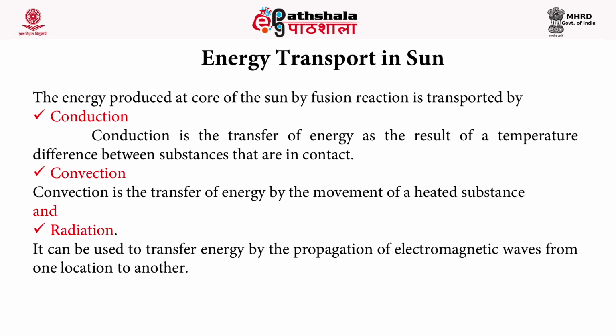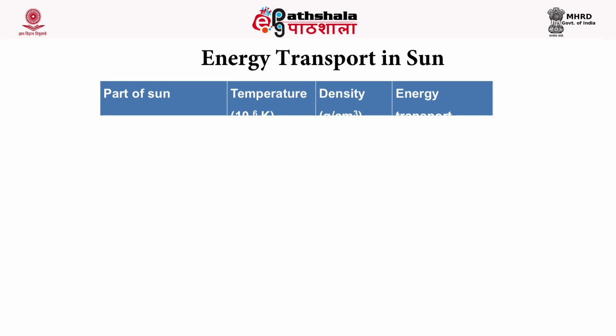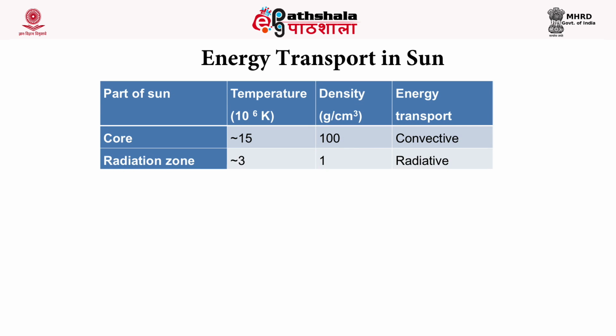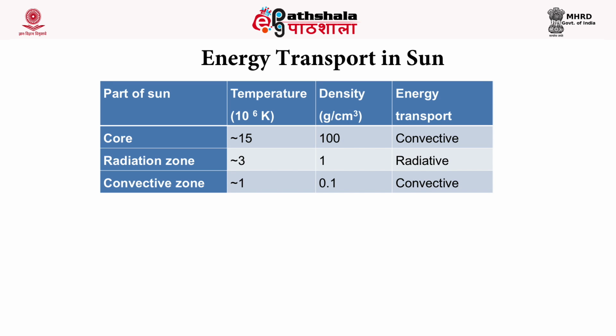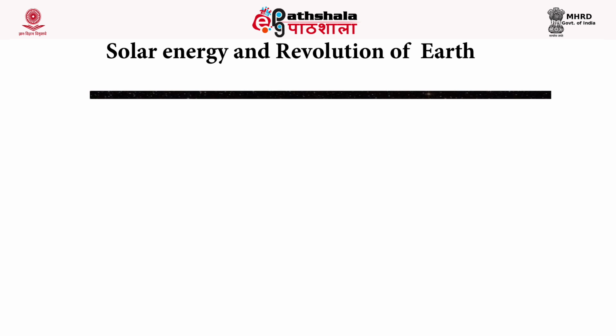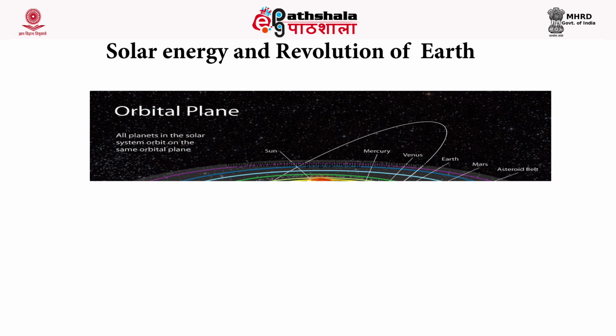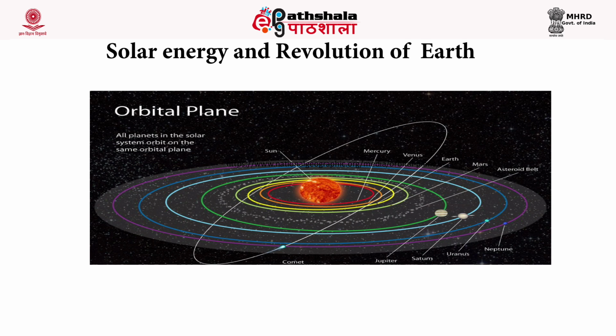Convection is the transfer of energy by movement of a heated substance. Radiation is the propagation of electromagnetic waves from one location to another. In the sun, at the core the energy transport mechanism is conductive, in the radiation zone it is radiative, and in the convective zone it is convective. So the mechanisms of energy transport in the sun are conduction, convection and radiation.